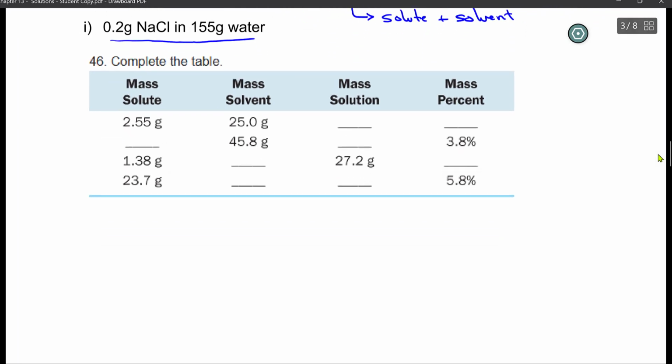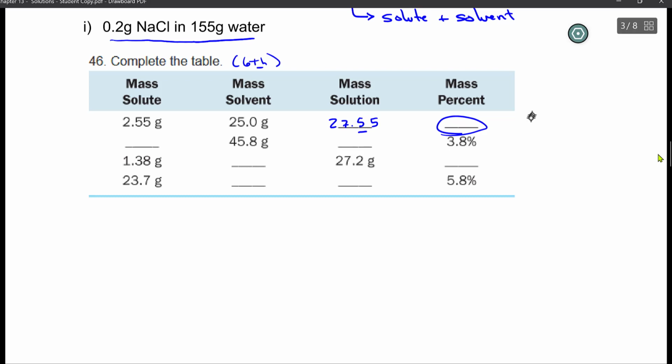This is problem 46 out of the 6th edition. And we're going to calculate, for example, the mass percent based on the data that's given. So I have 2.55 grams of solute, and then my solvent mass is 25 grams. So my solution mass is 27.55 with that last digit underlined. So I should have 3 sig figs.